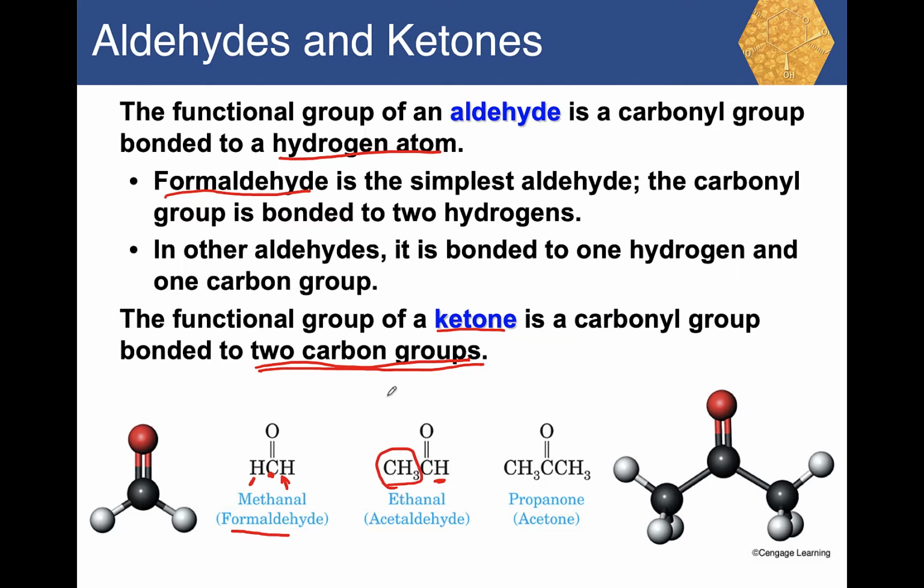Therefore, this is an aldehyde. Here's another example. Here's a carbonyl. It's bonded to a methyl carbon group and another methyl carbon group. That makes it a ketone. This is a very specific one known as acetone. That's a very common organic solvent.